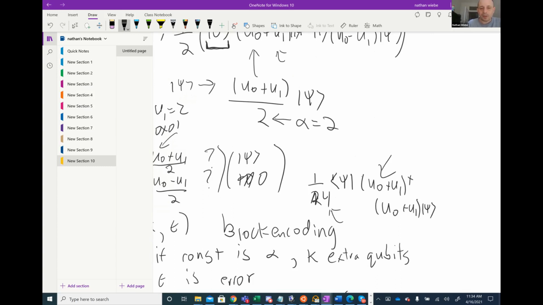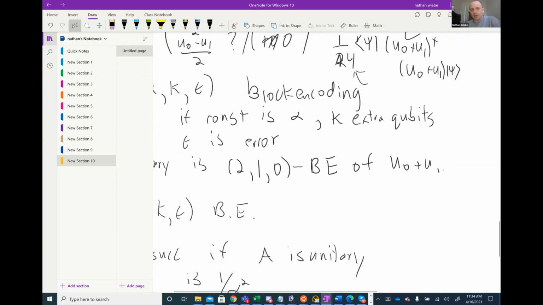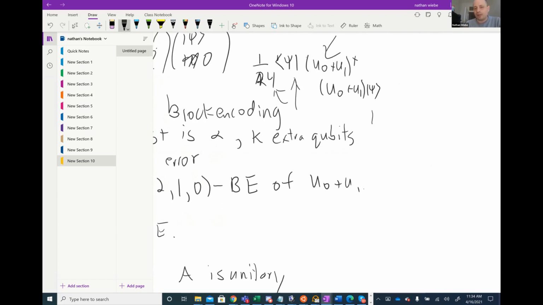So the success probability, if A is unitary, is just 1 over alpha squared. Fortunately, for the case that we're looking at for quantum simulation, when we block encode the time evolution operator, the success probability only depends, to a good approximation, on the value of alpha. But if we wanted to do a generic matrix that isn't unitary, then the success probability is going to depend on our choice of the initial state and our specific choice of these operators.